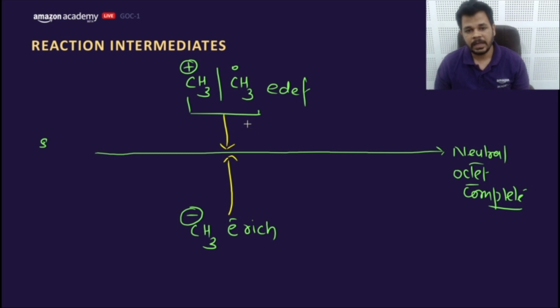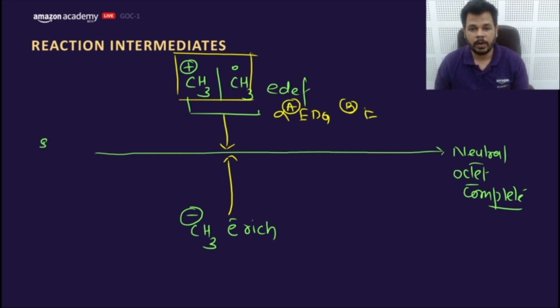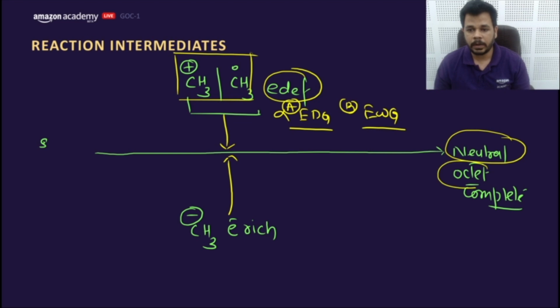So answer me, who can stabilize carbocation and carbon free radical? Is the stability of carbocation and carbon free radical directly proportional to what? A, electron donating groups, and B, electron withdrawing groups. Let's answer it. Carbocation and carbon free radical both are electron deficient. They want to convert into a neutral, octet complete species. Who will help them to achieve this position, neutral with a complete octet? A, electron donating group, or B, electron withdrawing group?